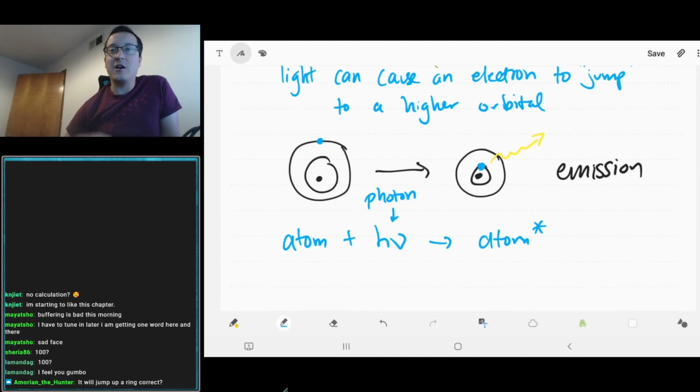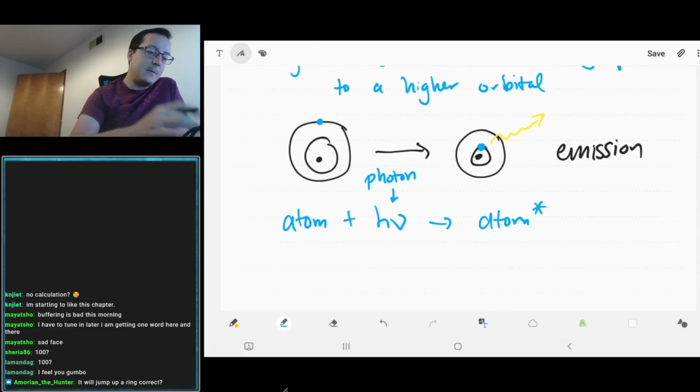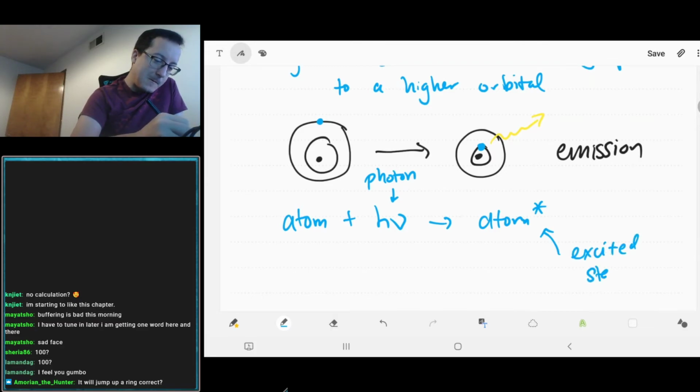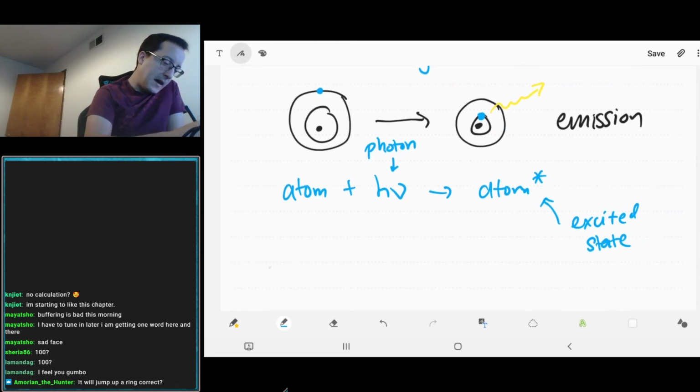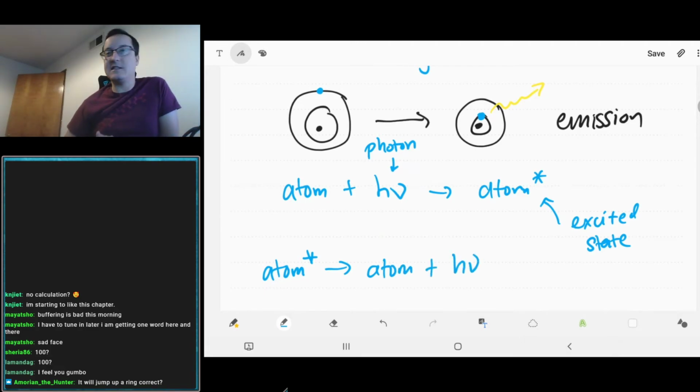That just means a photon or a wave of light, a ray of light. This was our kind of excited state atom, and that atom can release that wave of light again.